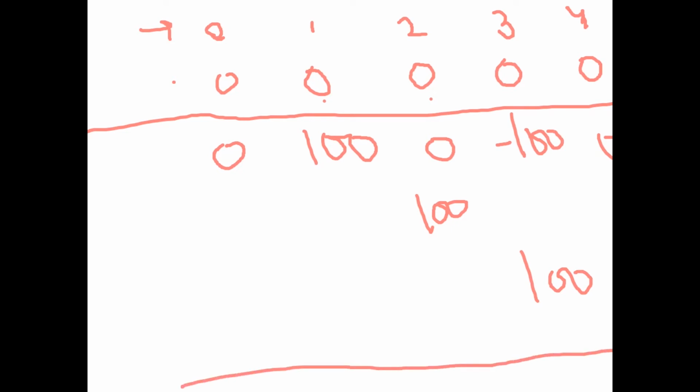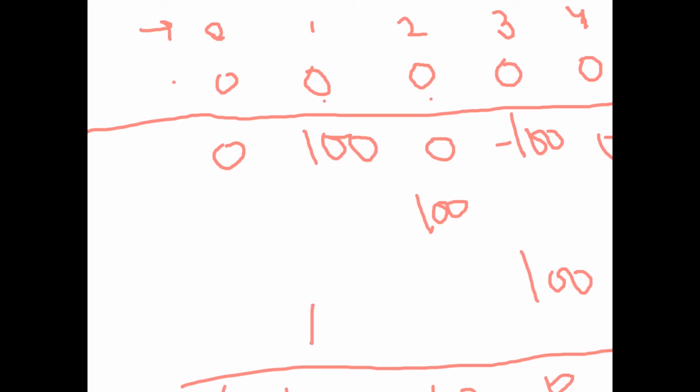So let's see what array we are having as of now. So it's 0. We'll calculate all of these simultaneously. So this is 100, this is 100, this is 0, this is 0, 4, 5 is minus 100, 6 is minus 100, and 7 is 0. Now as I told you, I would be using the prefix sum.